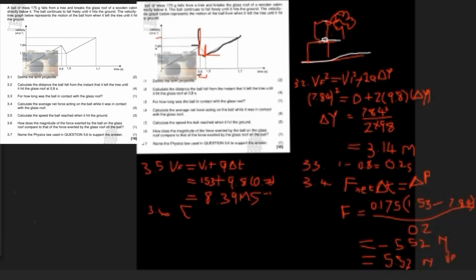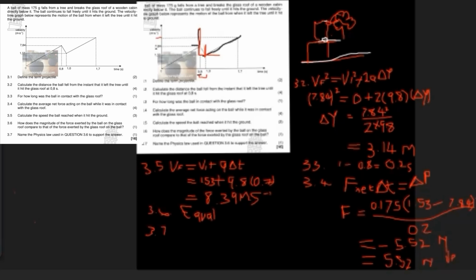I see the following question. It will ask something that will explain this. This will be equal. Yes. Then 3.7, they are now asking us, name the physics law used to support the answer.